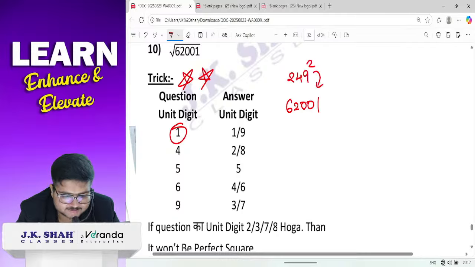249 ka square has 62001. This is a perfect square.